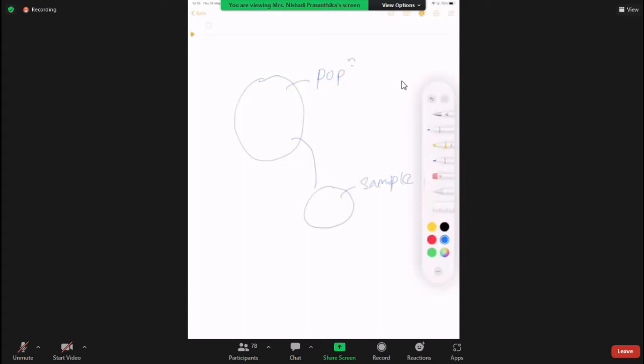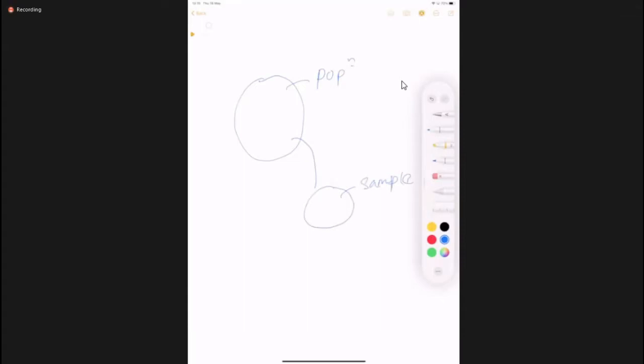Now I told you last time, the measurements that we find from the population are called population parameters. For example, population mean, then population variance.